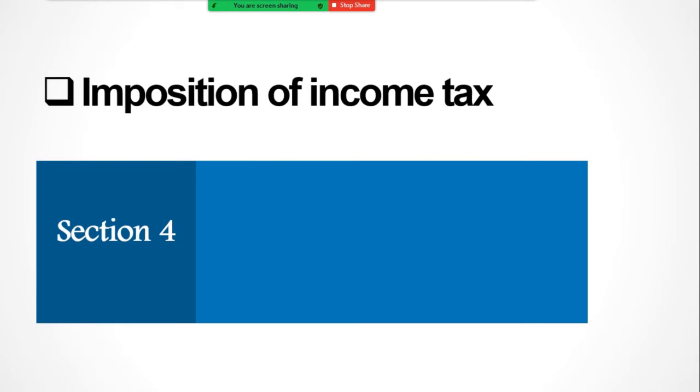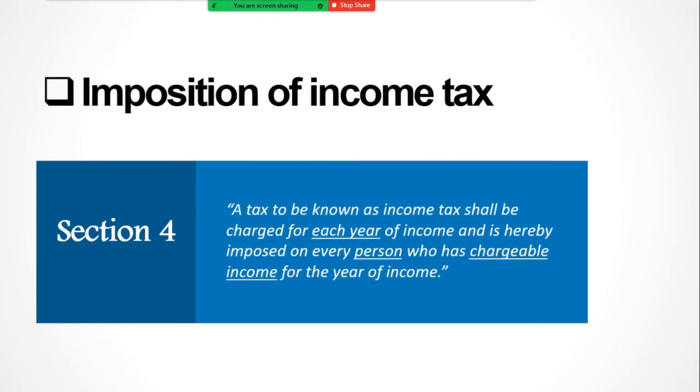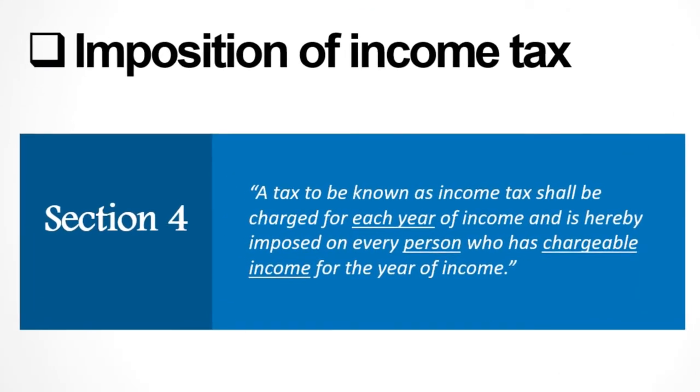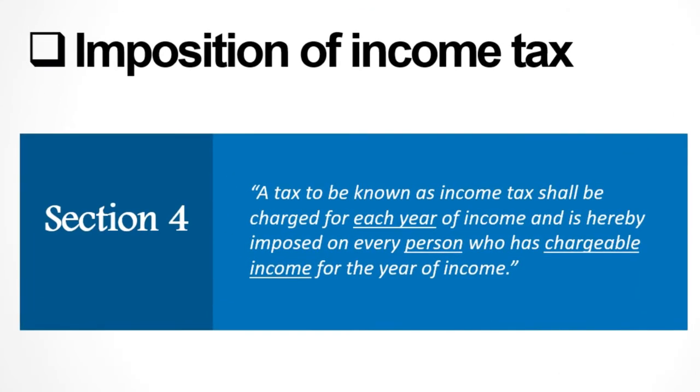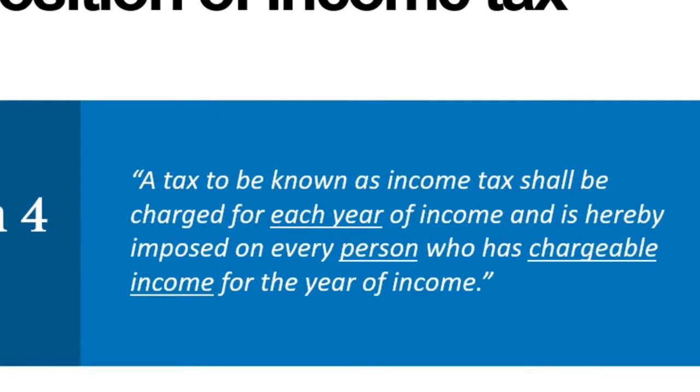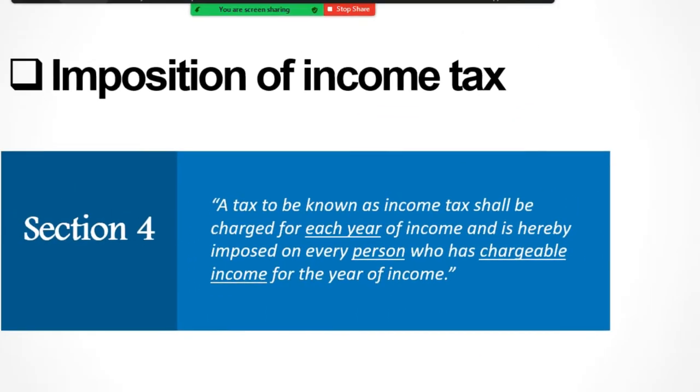Section 4 of the Income Tax Act states as follows: a tax to be known as income tax shall be charged for each year of income and is hereby imposed on every person who has chargeable income for the year of income. That is what section 4 states.